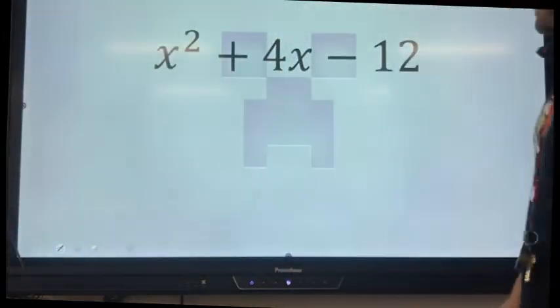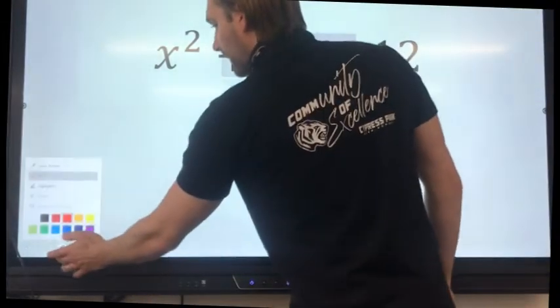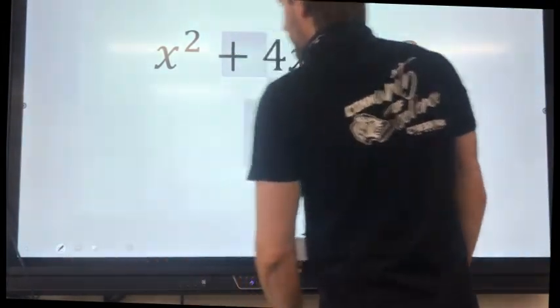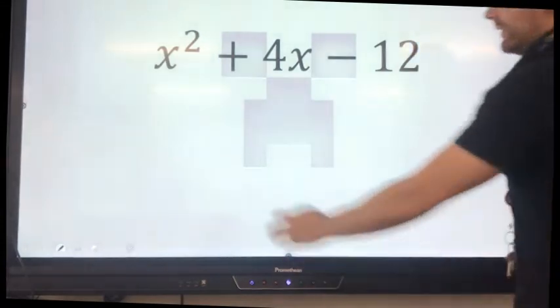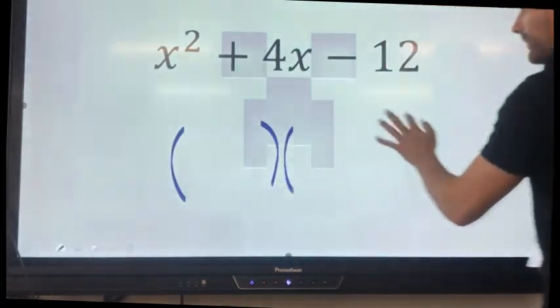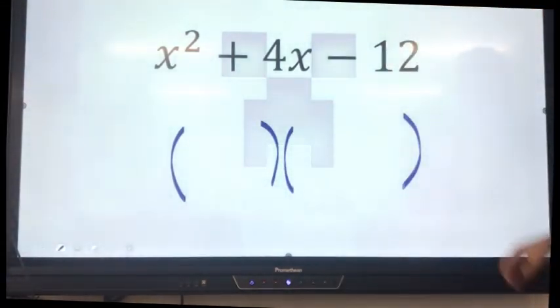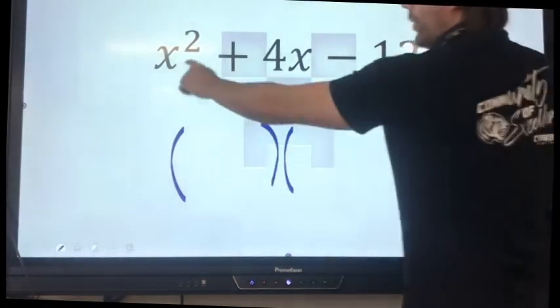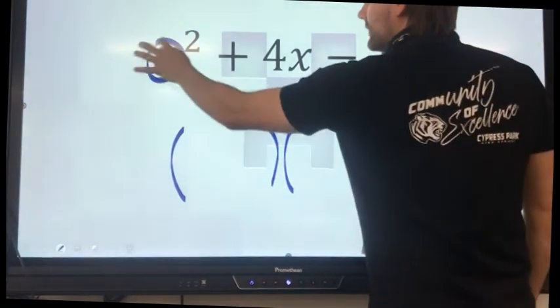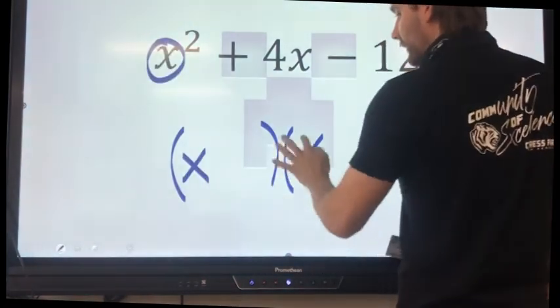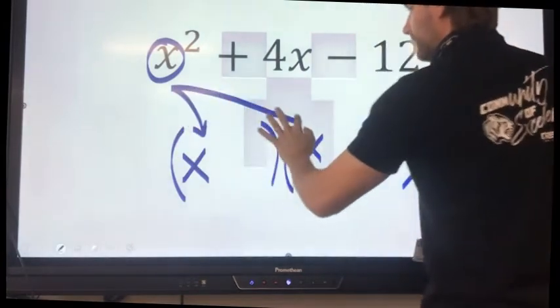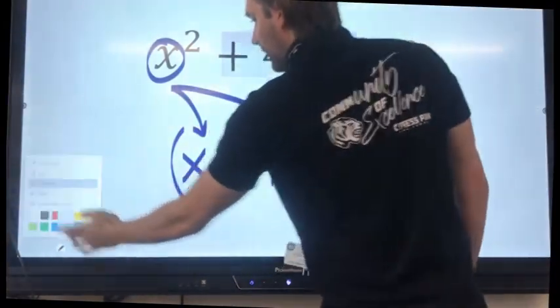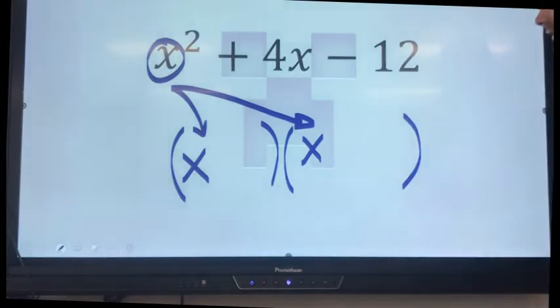So let's see this step live, the no fuss method. I know that when I factor, it's going to have parentheses like this, right? I just have to fill in the gaps. What do I have in front of my square? Just an x. So I'm going to write x twice. Next, I need some numbers here.